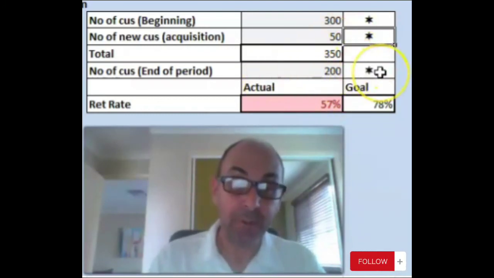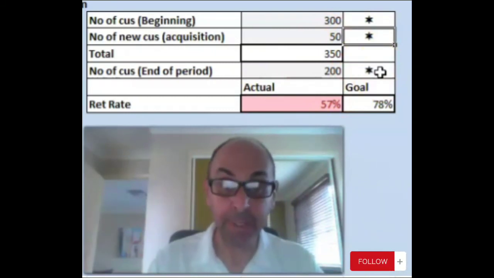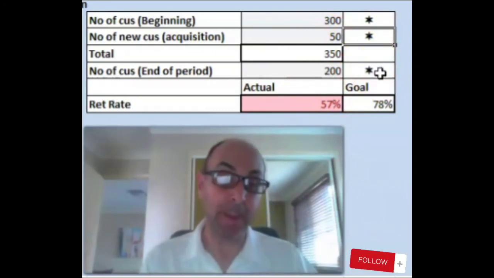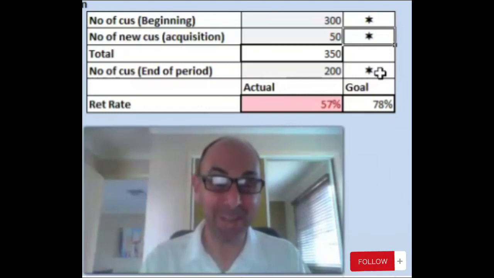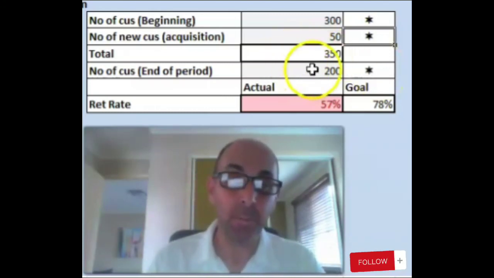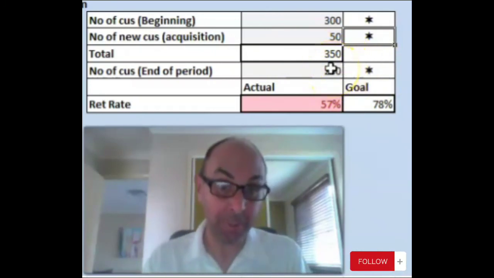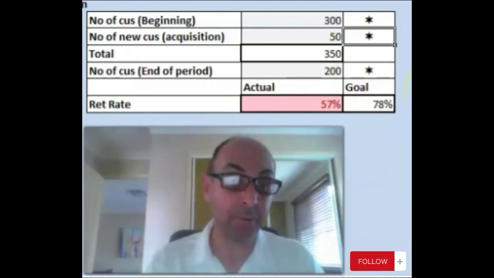We also then need to look at the customer end of period numbers, and we want to benchmark that again to the year before. So as you can see where I'm going with this, we need to keep these each year so we can benchmark. And we want to find out then if we've got a mass loss. So in this case, we started with 350, we've ended with 200, so we've lost 150 clients.